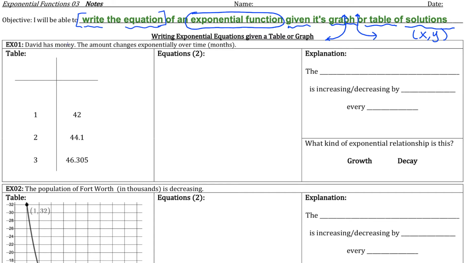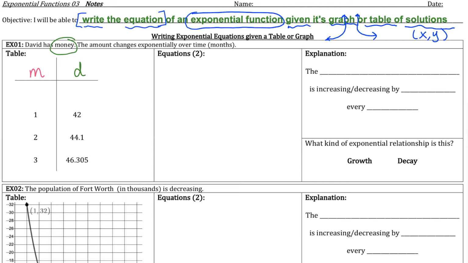So David has money. The amount changes exponentially over time, so we're given months. We care about the money, so we'll put D for dollars, and that will change depending on the number of months.